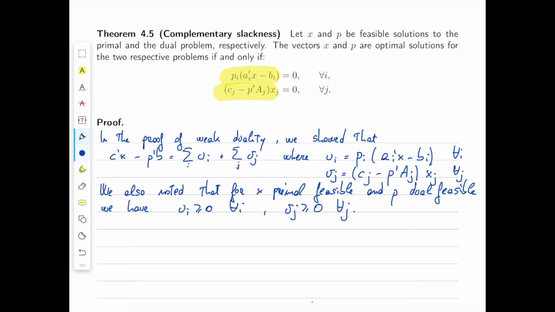At this point, we're essentially done. So now let's prove the two directions of the if and only if in the complementary slackness theorem.